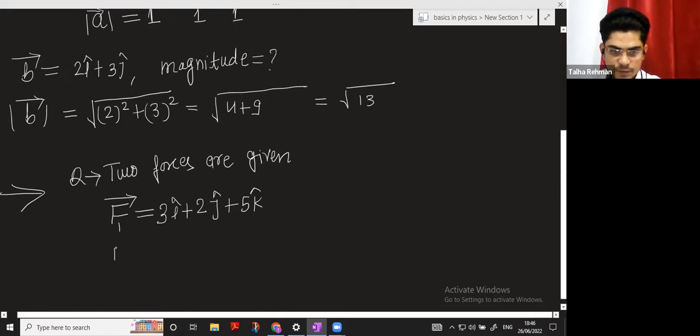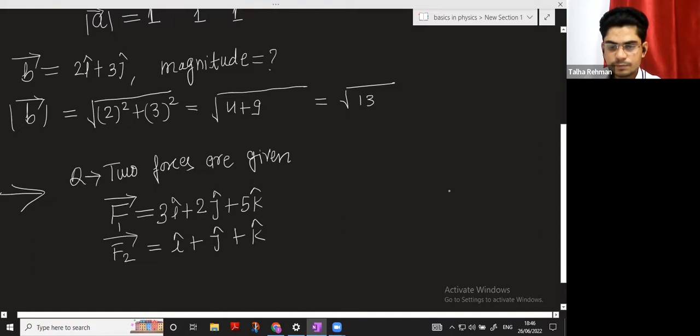This is f1 and this is another vector f2: I cap plus j cap plus k cap.